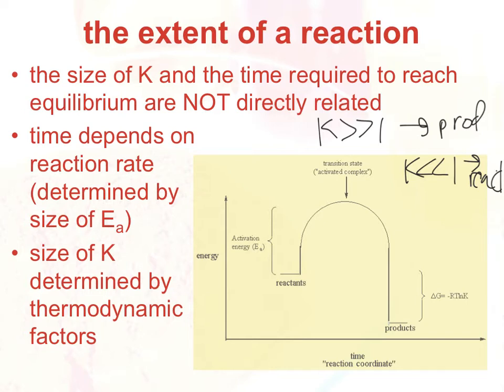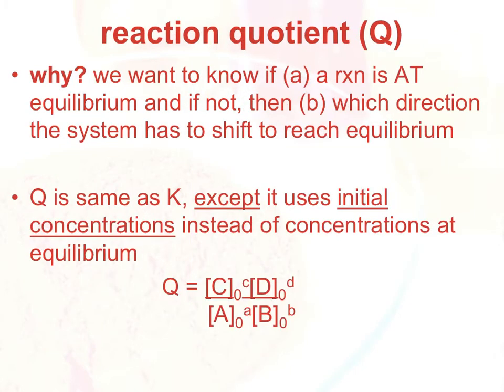The time it takes to reach equilibrium is dictated by the size of Ea, and the size of K is determined by those thermodynamic factors. So K can tell us the extent to which a reaction proceeds: either mostly products or mostly reactants.